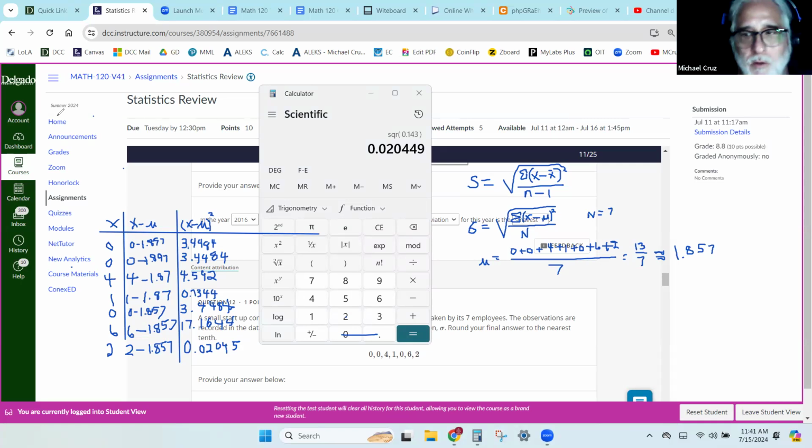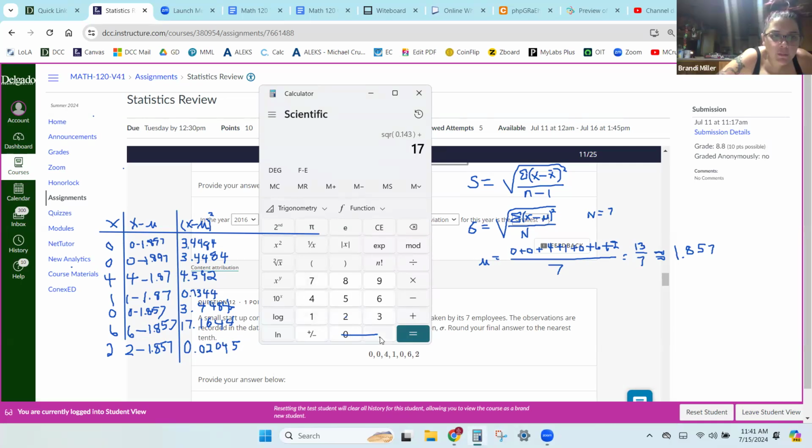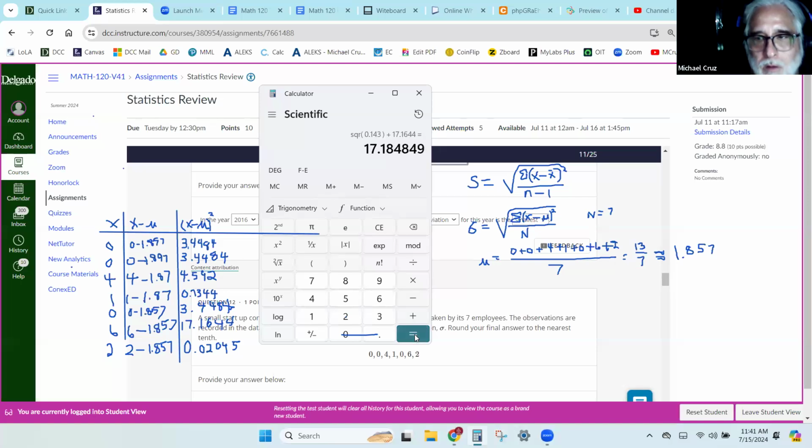All right, I'm going to add these up. For the top ones, it says 0 minus 1.857. And the second one, 1.89. Or is that a 5? It's the value over here, 1.857.